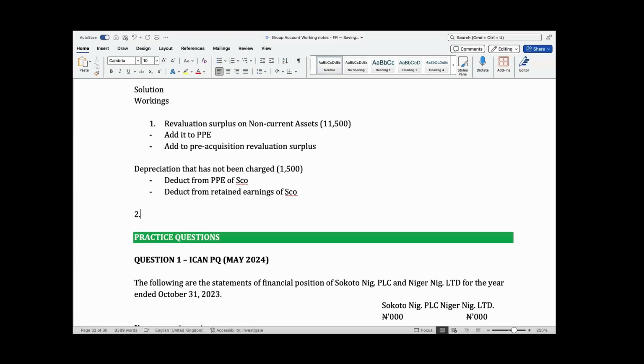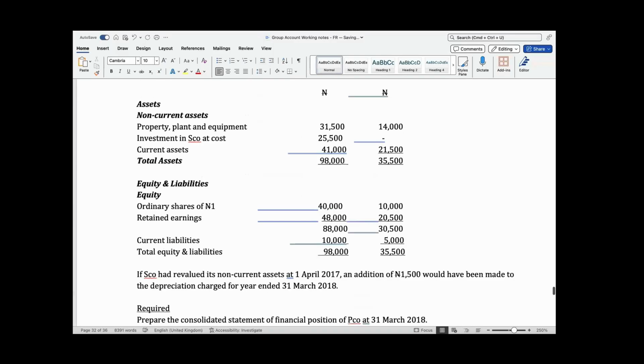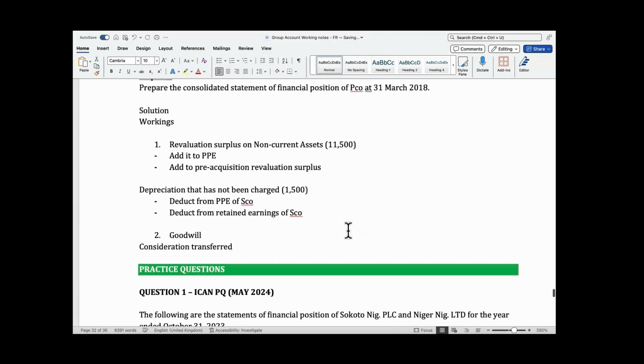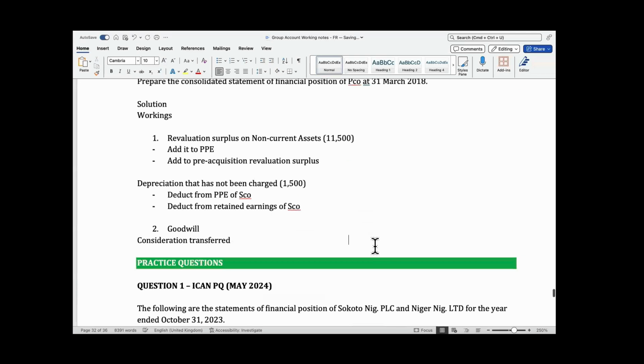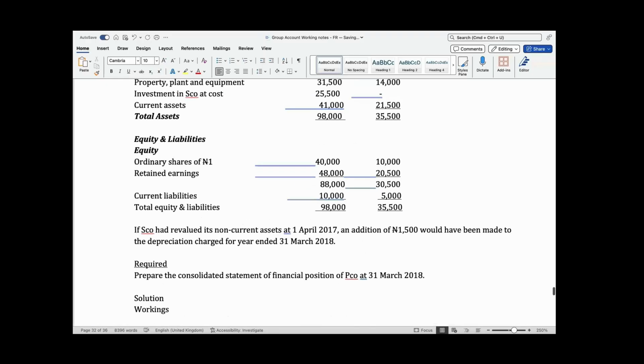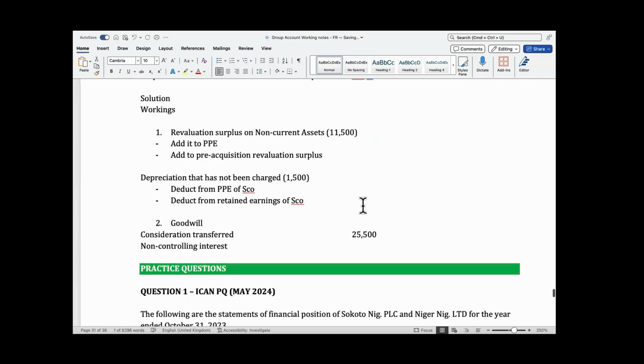So, cancellation. Consideration transferred, how much? 25,500. Non-controlling interests is at full value, 18,000. 10,000.